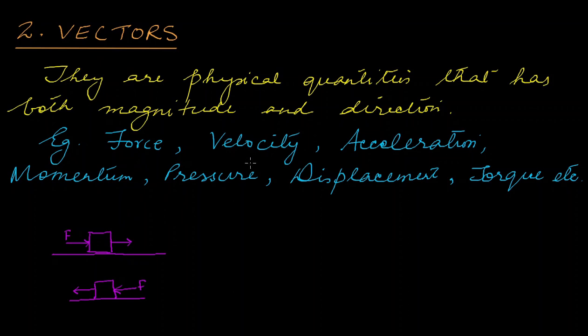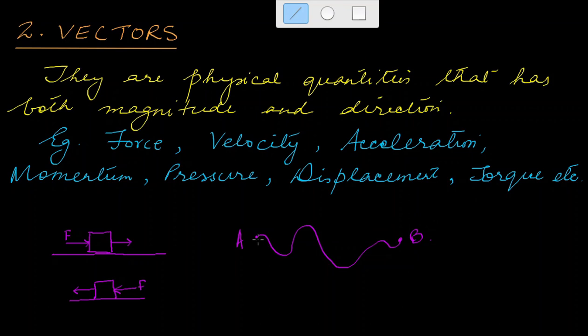Velocity as well has a direction. Acceleration, momentum, pressure, displacement. When a body starts from point A and goes to point B, what is the displacement of the body? The displacement is simply the line joining the initial position to the final position, and the direction is always from the initial position to the final position.